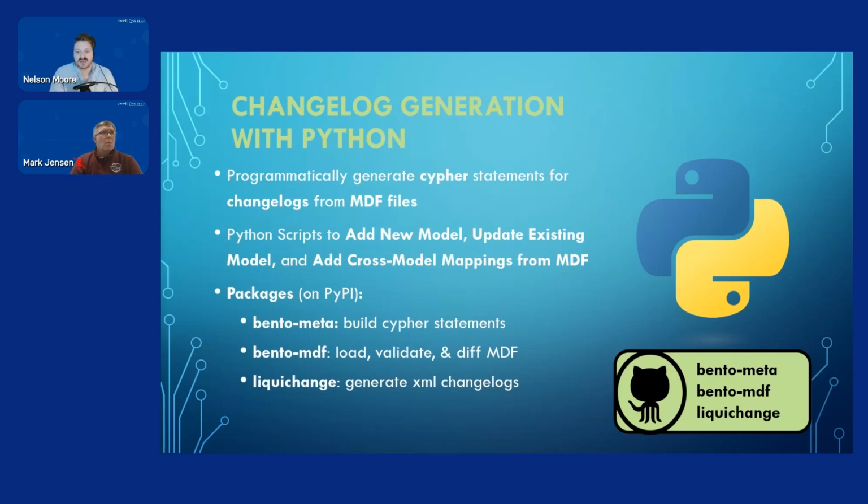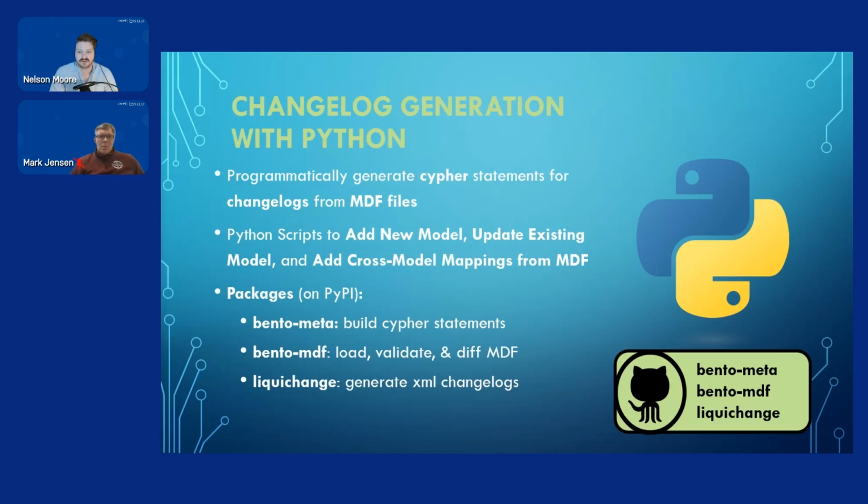And Liquichange is a package that we developed to support building Liquibase Changelogs in Python. So we knew we wanted to use Bento Meta and Bento MDF to generate a changelog based on a model or the difference between two models, but we couldn't really find a package to build changelogs in Python, only ones that kind of interacted with already existing changelogs.